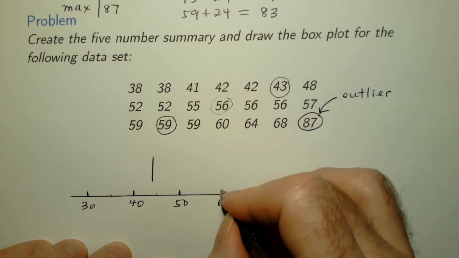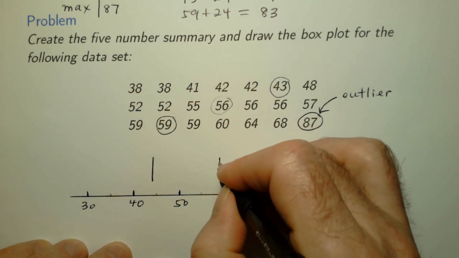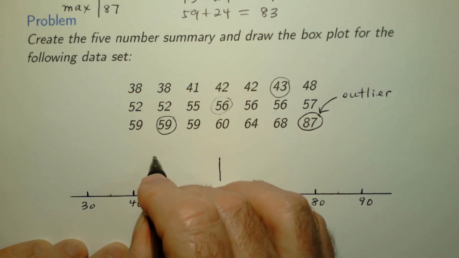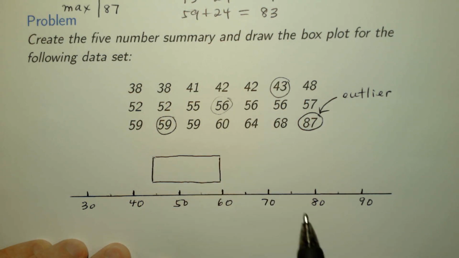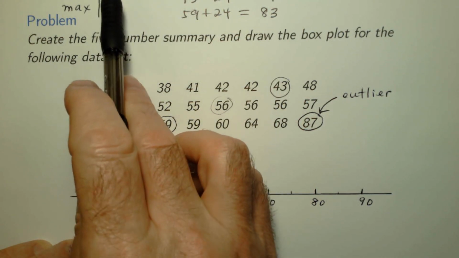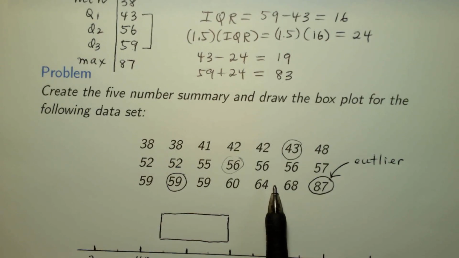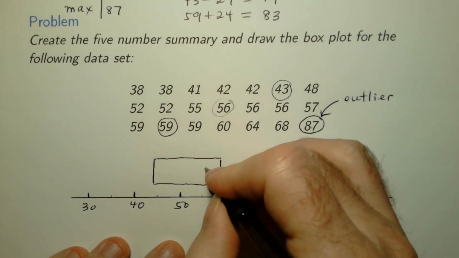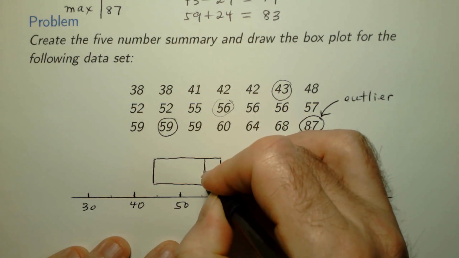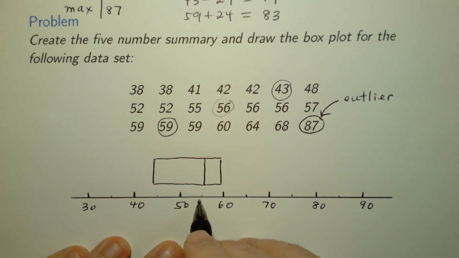And 59 is just shy of 60, so I'll put that there. And that box represents my interquartile range. And then I'm going to divide that box at Q2, the median, which is 56. So the median is going to be drawn in just beyond that 55 tick mark. Okay, so there's my interquartile range and my median.